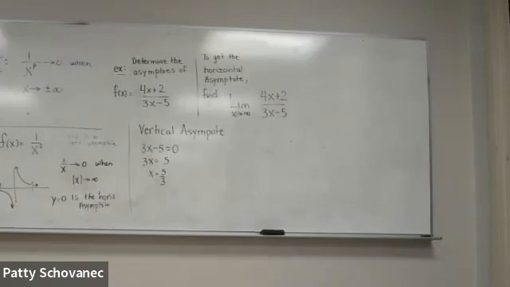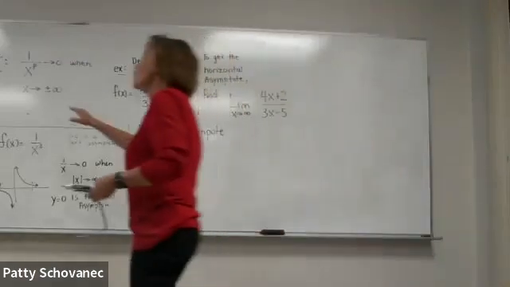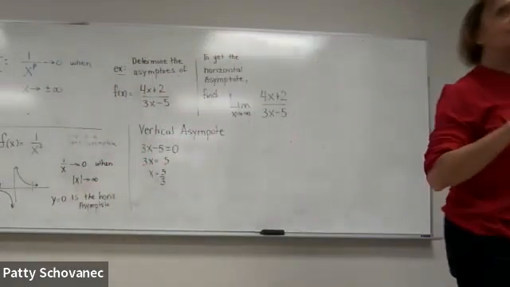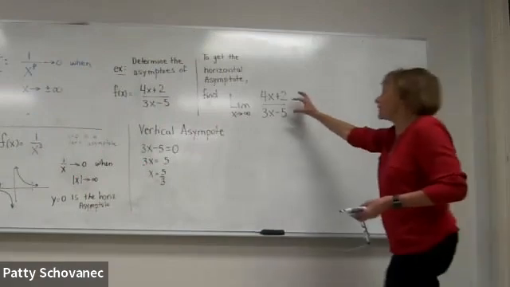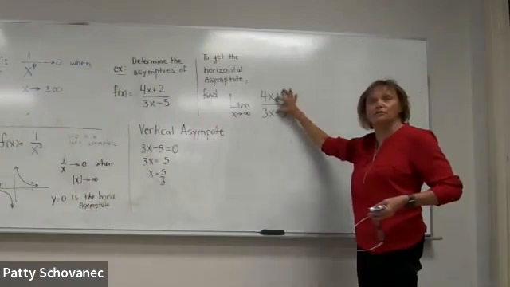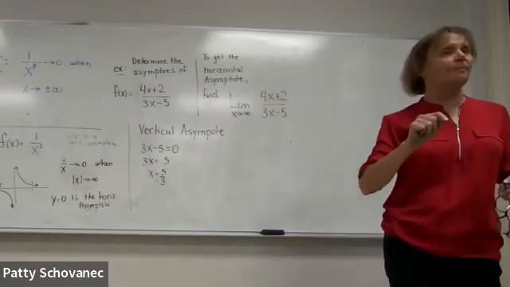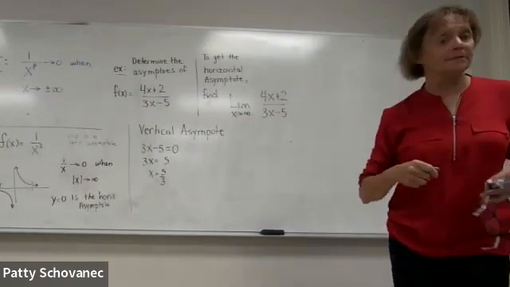So what I'm going to do to determine my horizontal asymptote is put terms in here that look like 1 over x to a power. The x that drives the shape of this graph is the highest power of x, and in both cases, it's x to the first. So I'm going to rewrite this fraction by multiplying the numerator and denominator by 1 over x.